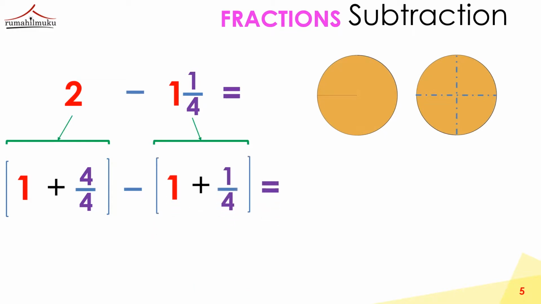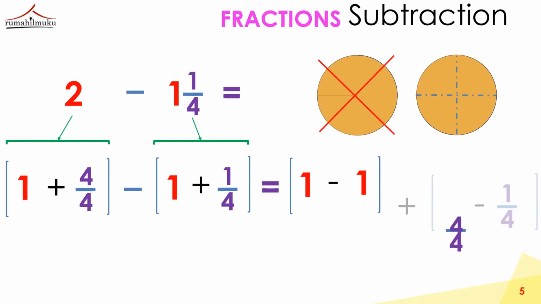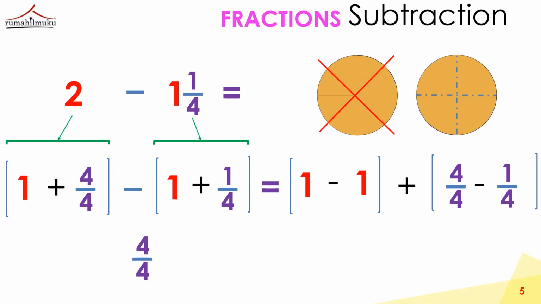So we can say this as 1 whole minus 1 whole, so we're going to cross out that 1 whole circle, plus 4/4 minus 1/4. So it becomes 4/4 minus 1/4. So you're going to cross out 1/4 of the other circle, which equals 3/4.